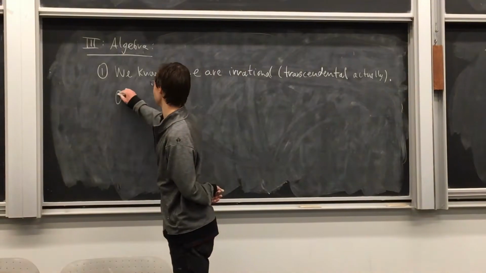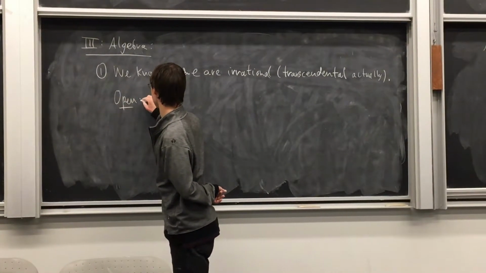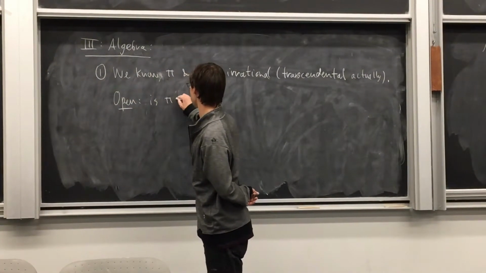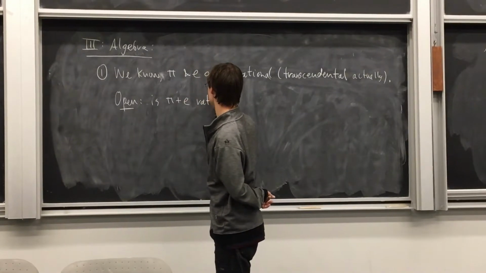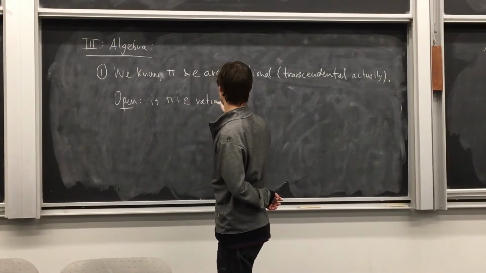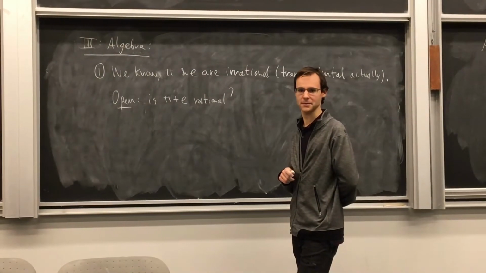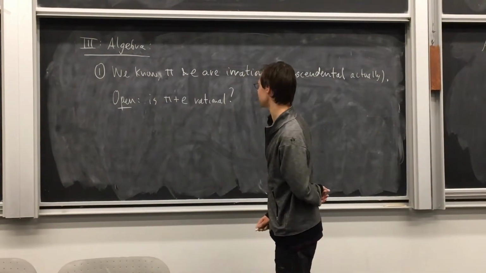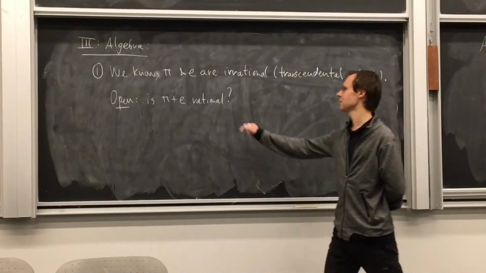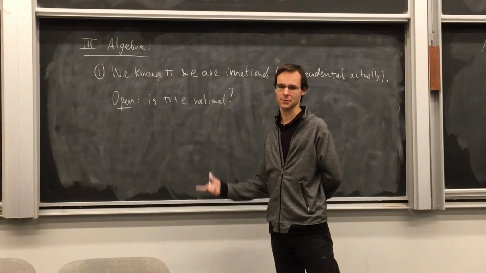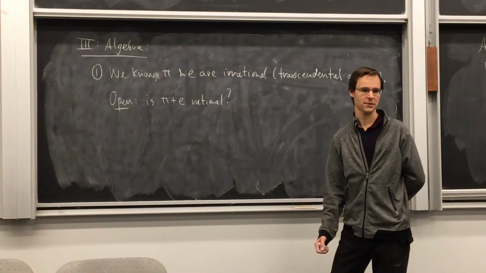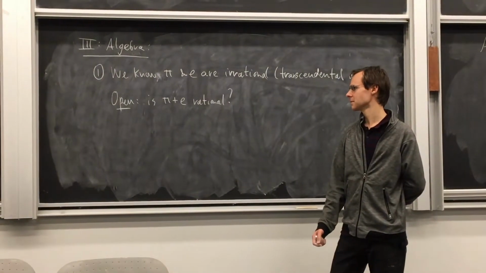So here are some open problems. Open. Is pi plus e rational? That, believe it or not, is an open problem. It seems like, well, of course it's irrational. We choose two irrational numbers which have nothing to do with each other. We add them together. Why would we expect a rational? But nobody knows how to prove that.